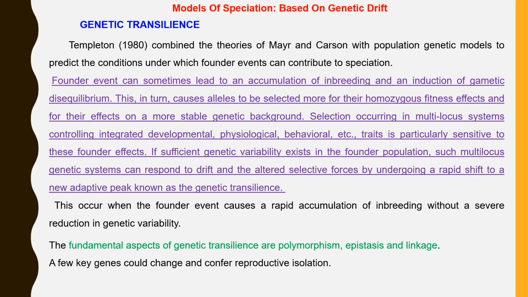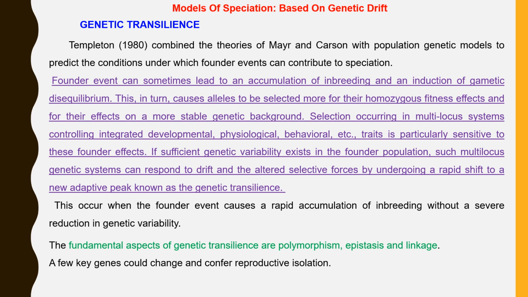Speciation by genetic transilience. The genetic transilience theory was proposed by Templeton in 1980, and it combines Mayr's genetic revolution theory and Carson's founder flush theory. According to this theory, after the founder flush effect, accumulation of inbreeding occurs which induces genetic disequilibrium, basically gametic disequilibrium.